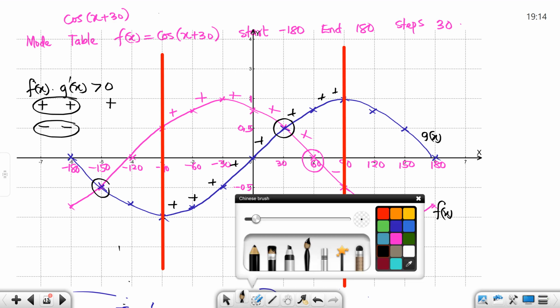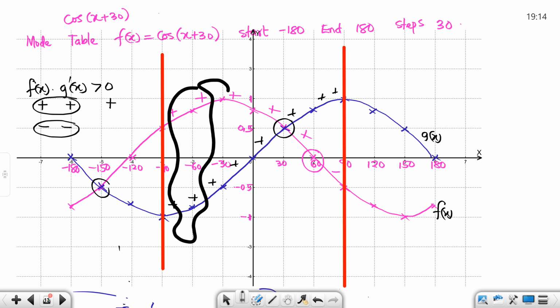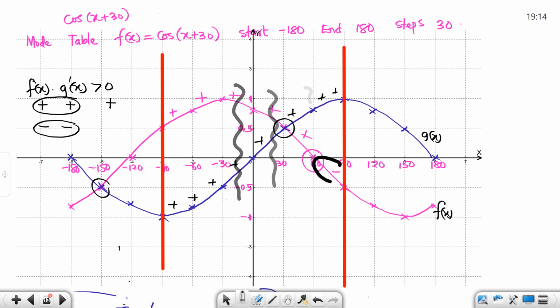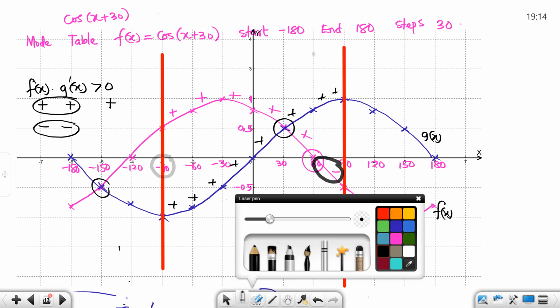Right from here, they are still both positive, until 60. That's when it changes. This one now becomes negative. So it is between negative 90 and 60.